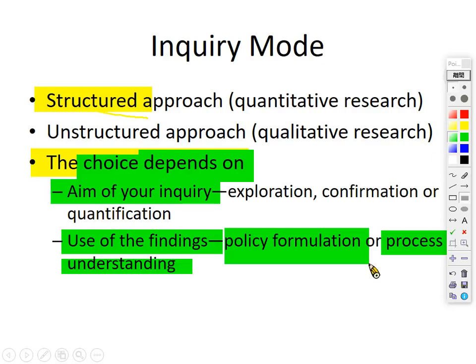And for the old policy we had, only 30% of students show their preference. So you see, I provide evidence and numbers. So quantitative research can be used for policy formulation. So there are many different ways, all depending on your purpose of inquiry and how you're going to use your findings. Okay? So far, any question?